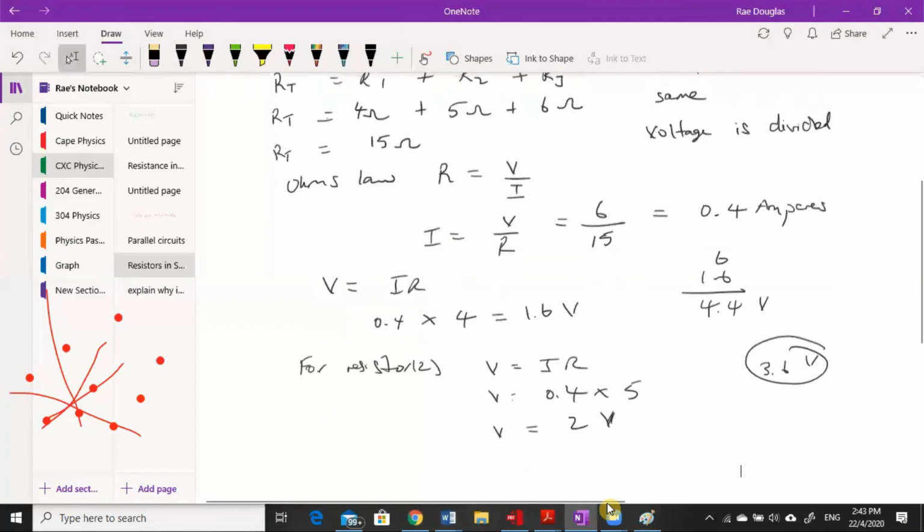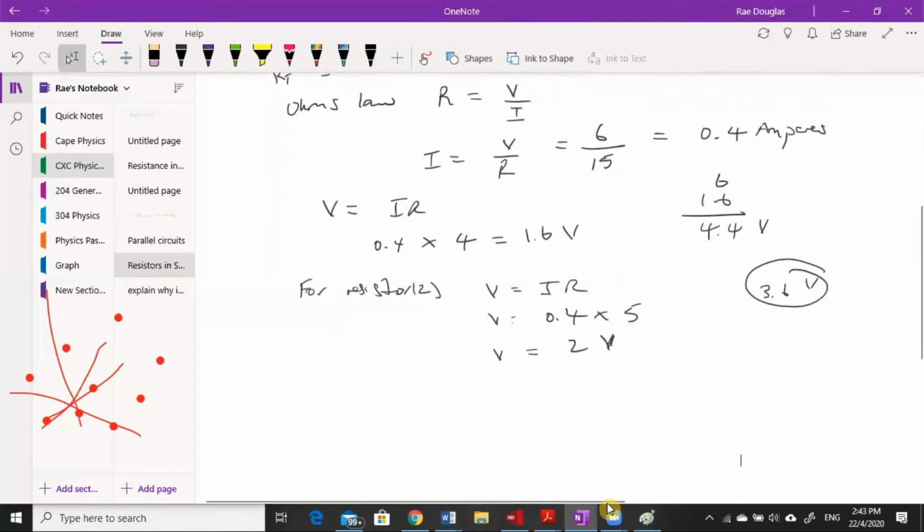So whenever I calculate the one for the 6 ohms, I must get a value of 2.4 that would add back up to the total. So for resistor 3, V is equal to IR, and we know our current, which is constant, multiplied by 6. Let's do that and see what we get. 2.4.